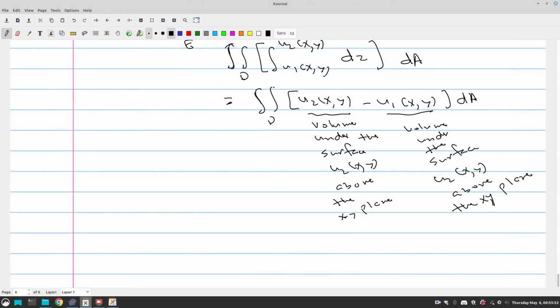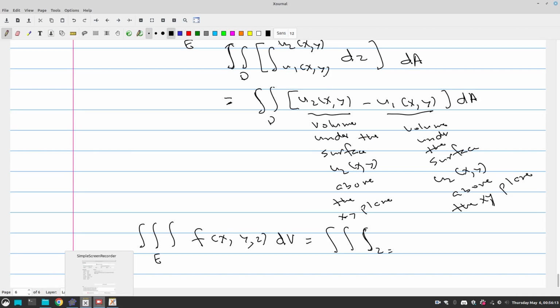You have the integral over E of f(x, y, z) dV, and this can be written as: z is between two functions of r and theta, so let's say h1 of r, theta and h2 of r, theta.